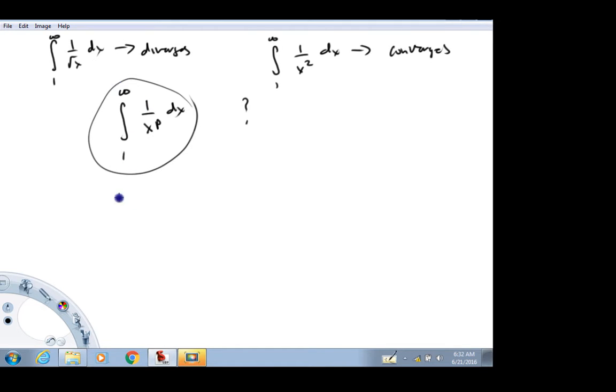Now this is an improper integral, so the first thing we probably would want to do is write this as the limit as b goes to infinity of the integral from 1 to b of 1 over x to the p.